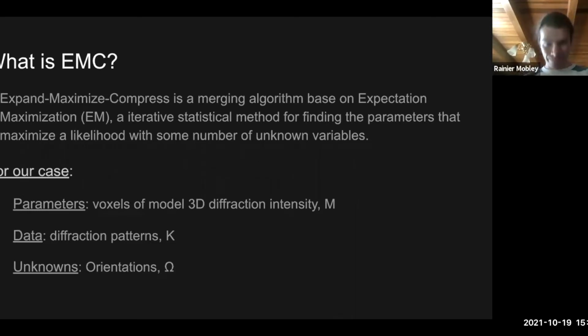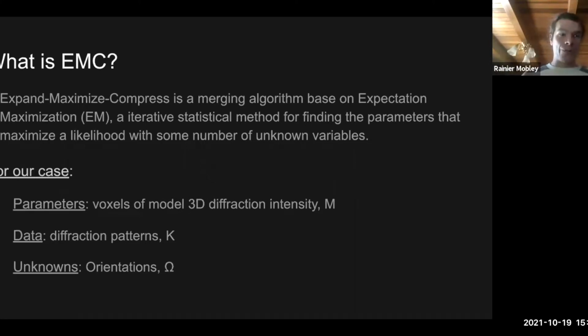And so what the EMC thing is going to do is find the model that is most likely for all your random samples to have come from. And with the diffraction data, these are all going to be slices through the three-dimensional model, this diffraction volume.